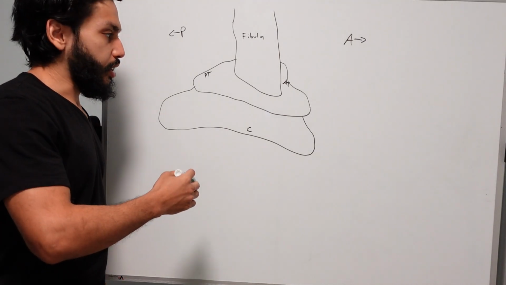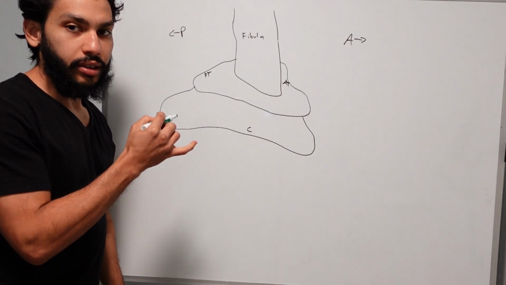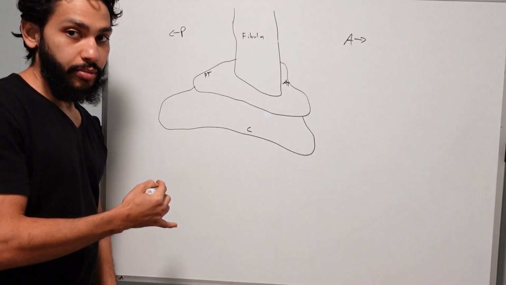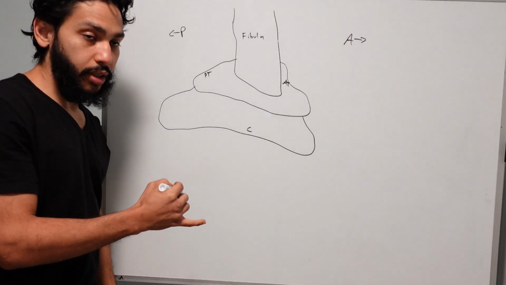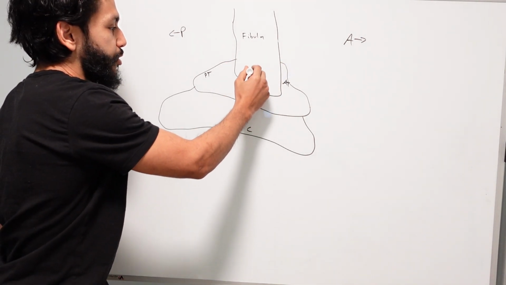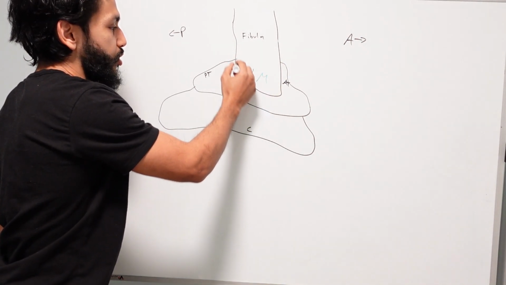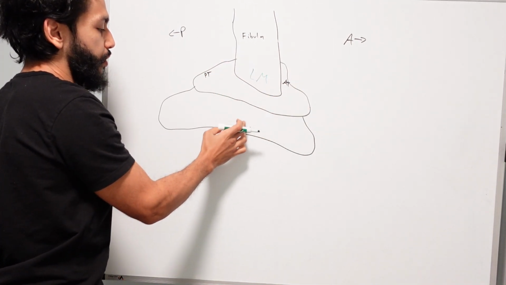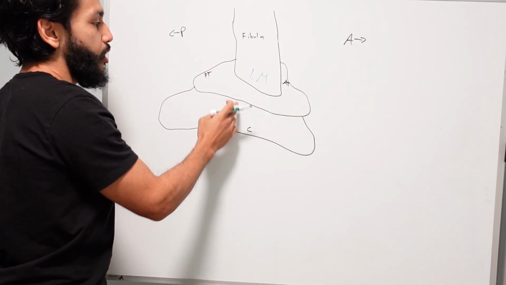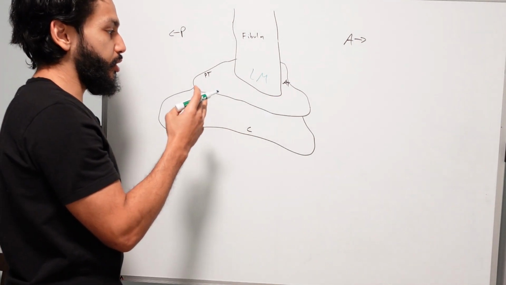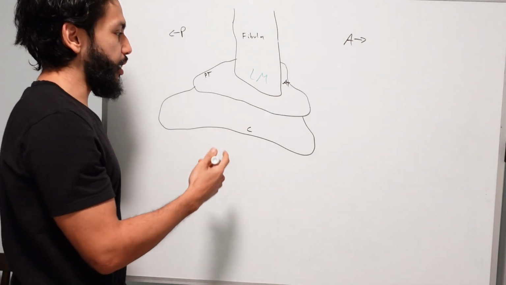So over here, we can take a look at what the ligaments are going to look like on the lateral aspect of the ankle. So these are the lateral collateral ligaments coming from the fibula, all right? So over here, this is the fibula, and this would be our lateral malleolus right here, this projection of bone. This bone right here is going to be our talus, and then inferior to that is going to be the calcaneus. So for this part, there's going to be 3 discrete parts of this ligament, I should say.